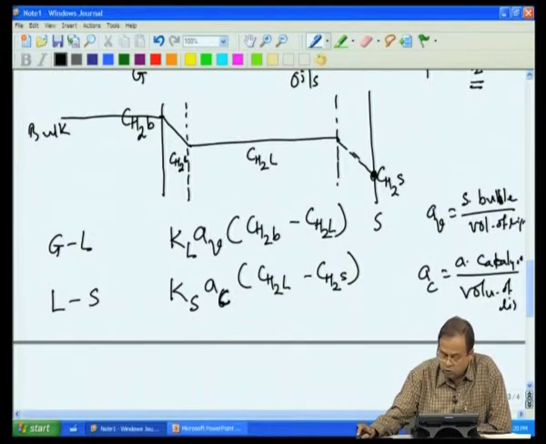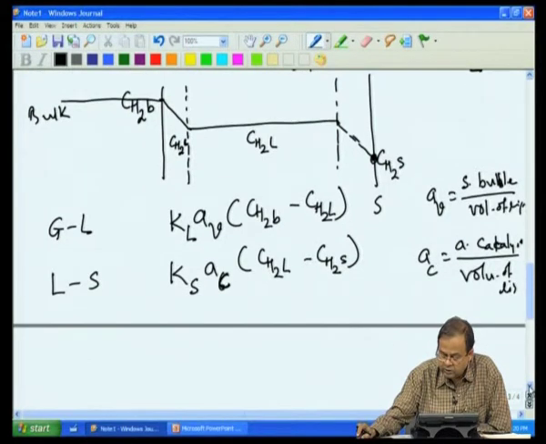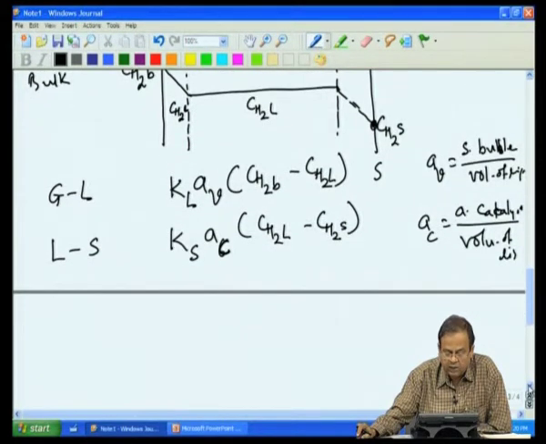Okay. So, now let us write down the mass balance for the bulk liquid.